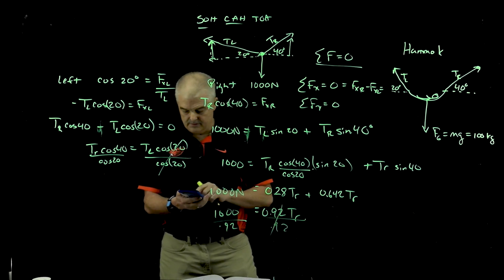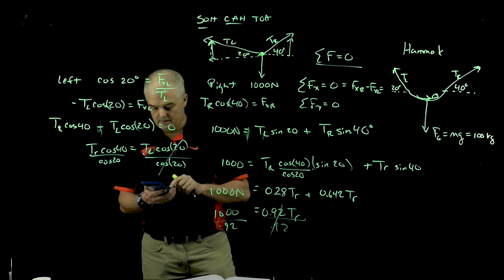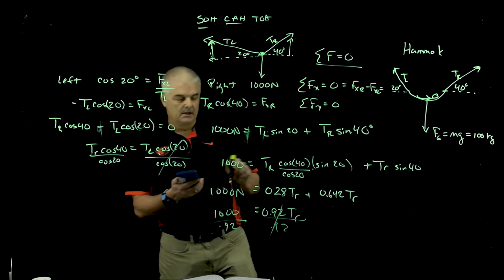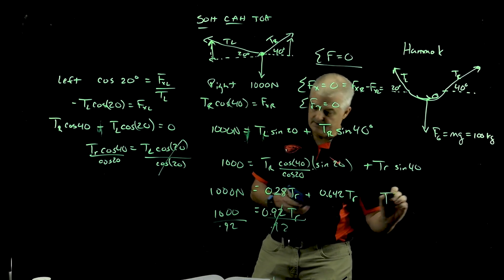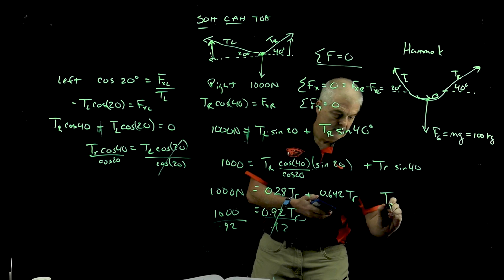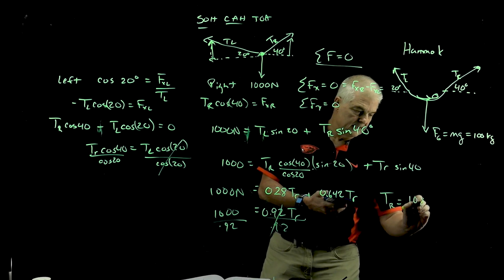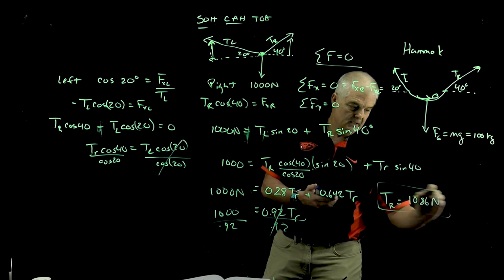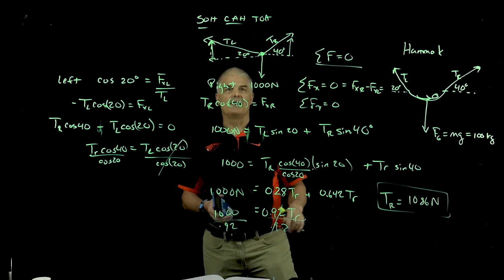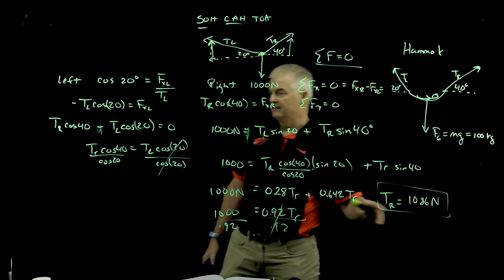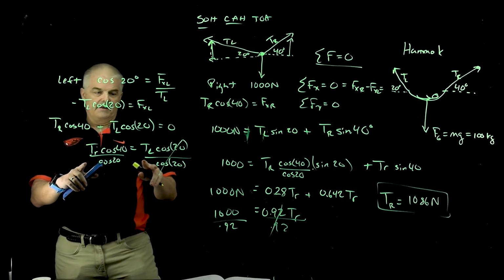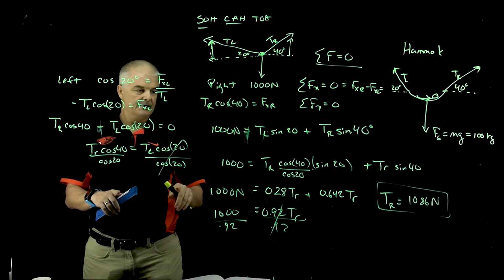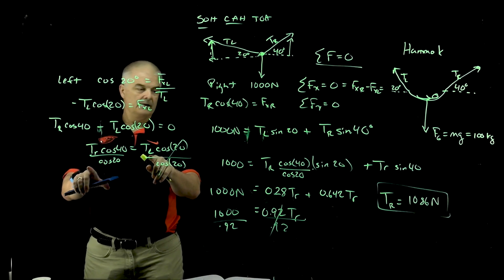Those cancel, and I get TR equal to 1,086 newtons. So once I know the TR is 1,086, how do I find the TL? We figured that out over here. We said TL is this.